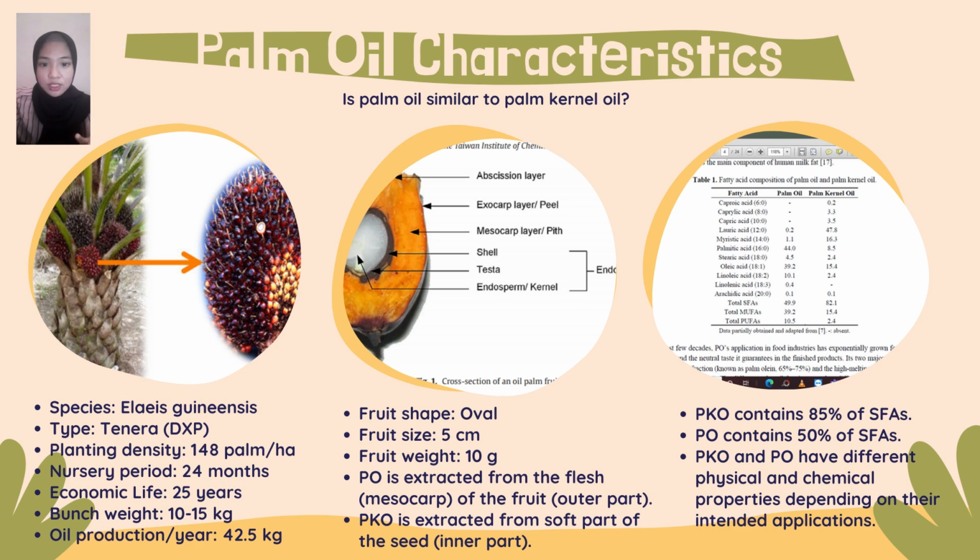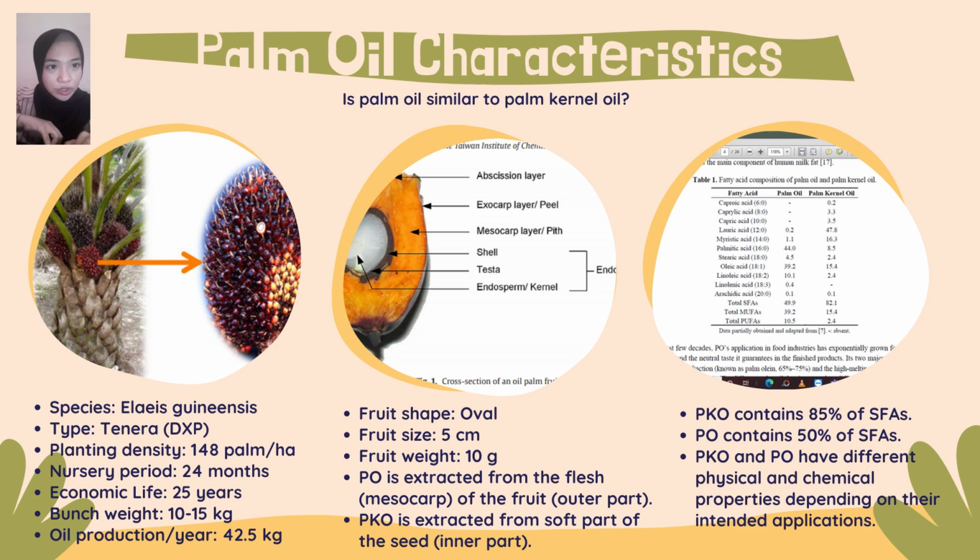The oil is naturally very stable, and PO is mainly used for edible purposes and biofuel, while PKO is mainly used for non-edible purposes like cosmetics, soap, and detergents.